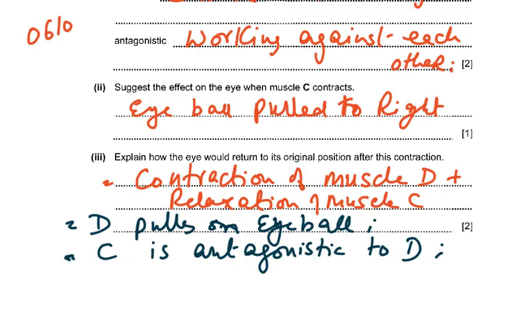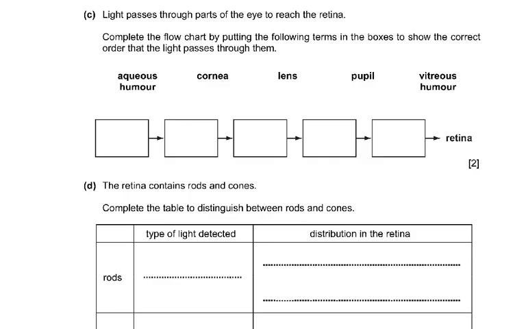Please remember that. Light passes through parts of the eye to reach the retina. Complete the flowchart by putting the following terms in the boxes to show the correct order that the light passes through them. So the first will be cornea. Then it would be the aqueous humor, and then it will be the pupil.